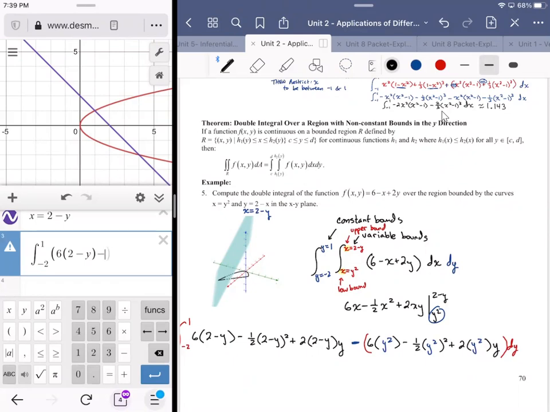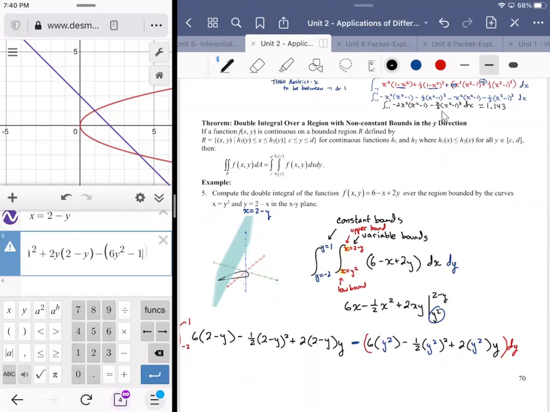All right, so then 1/2, 2 minus y, close it up, square it, plus, I'll write this as 2y, parentheses, 2 minus y, close it up, minus, parentheses. The first one I can just write as 6y squared. That's easy enough.